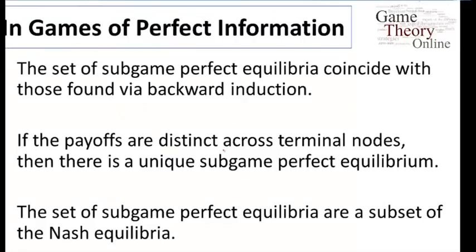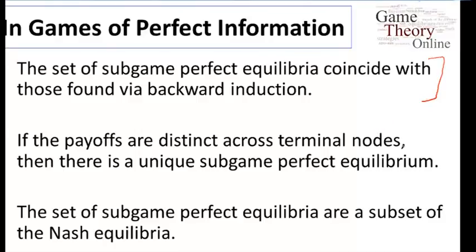Okay, so what do we know about games of perfect information and subgame perfect equilibrium? Well, some nice things are true. First of all, the set of subgame perfect equilibria coincides with those found via backward induction. So if you run the backward induction algorithm, that's a way of locating the subgame perfect equilibria in games of perfect information.